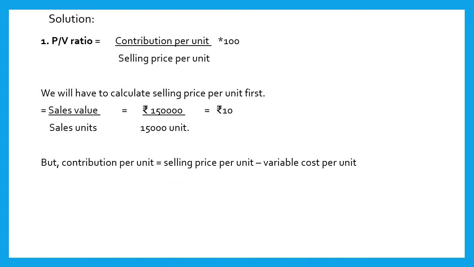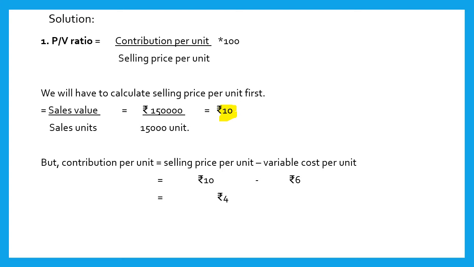Now for calculating contribution per unit, we require the formula selling price per unit minus variable cost per unit. We have already calculated the selling price, that is rupees 10. So rupees 10 minus rupees 6.